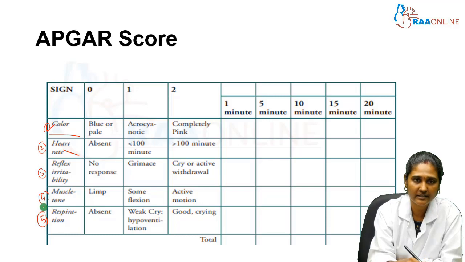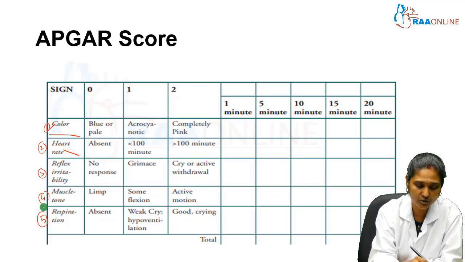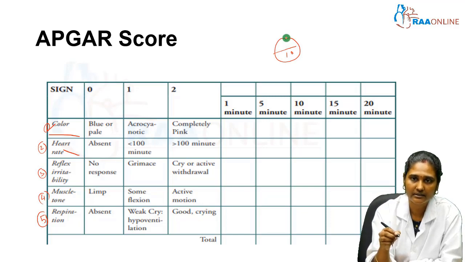Based upon the severity, they have given scores from 0 to 2. So if all the 5 are completely present, you will be scoring out of 10.